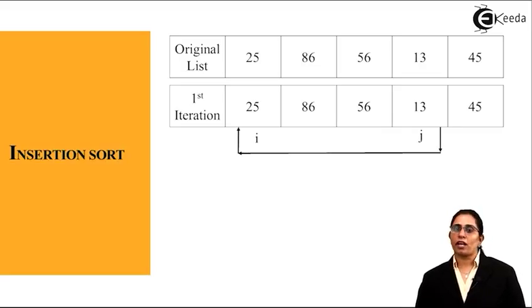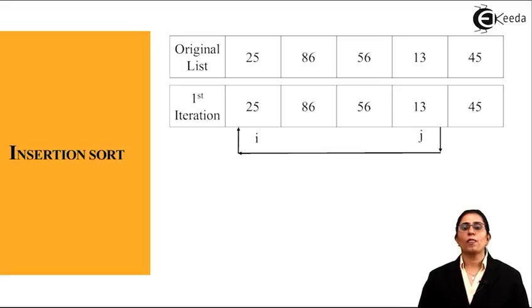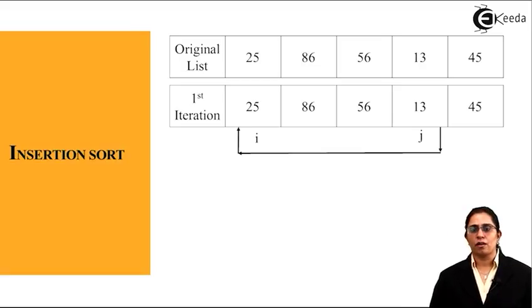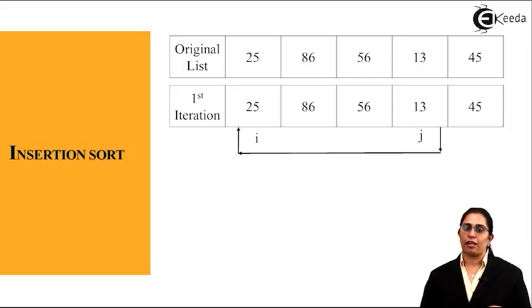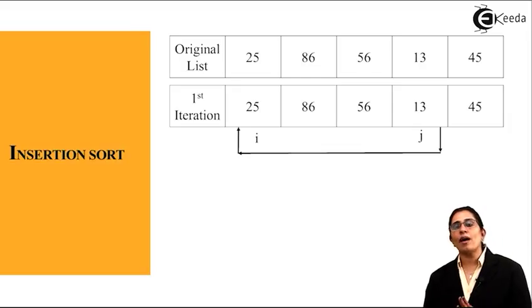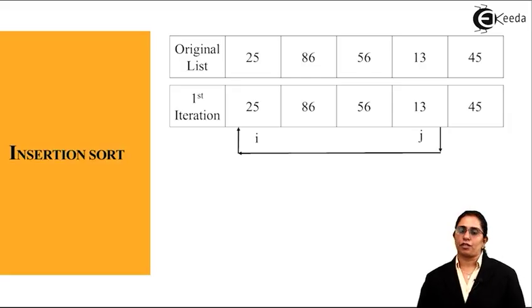It reaches a location where I find an element 13 and 25 is greater than 13. So here we apply the insertion sort method. Now what happens in this method is, my 13 has to be moved to the location of 25 and all the rest of my elements have to be shifted.